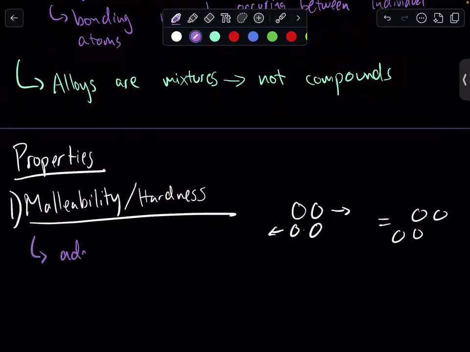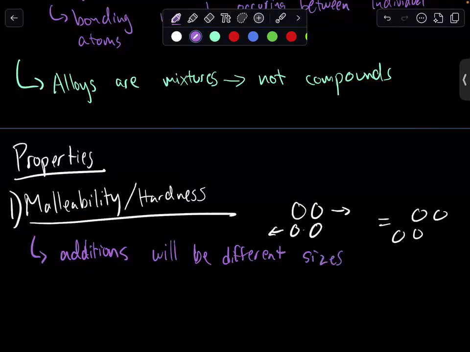The additions, regardless of what it is, being a different element, additions will be different sizes. And due to those different sizes, it then becomes more difficult for layers to shift or slide.